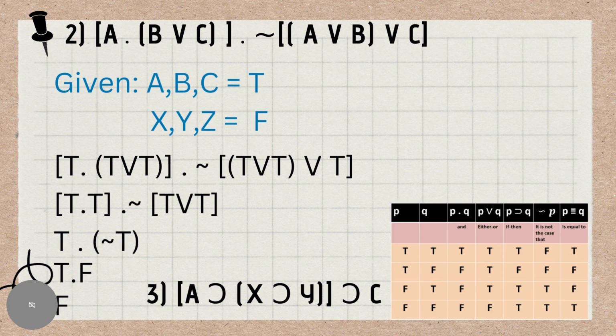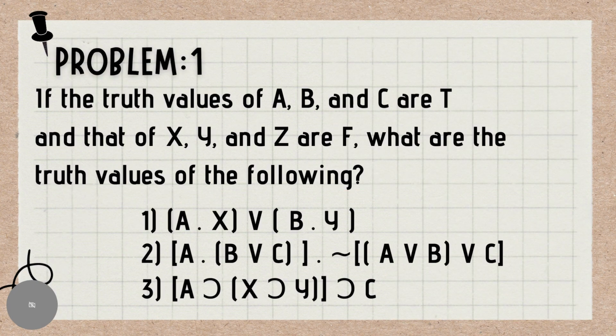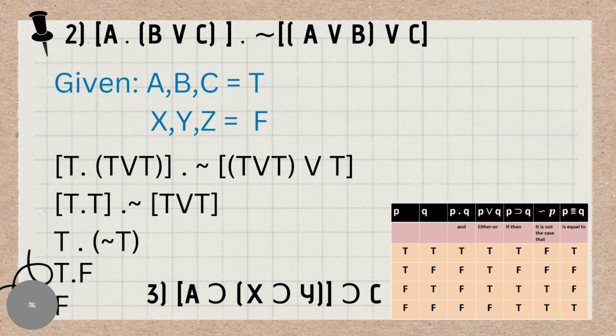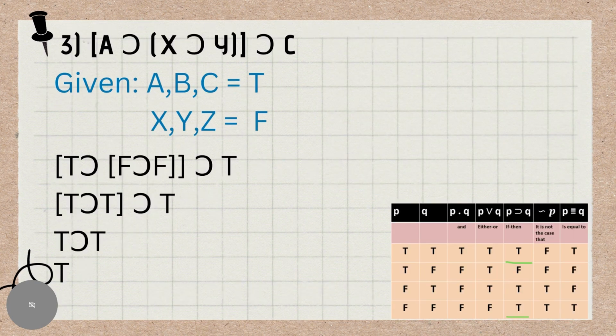By practicing this type of problems repeatedly, you will gain confidence in solving these problems in examinations. So let's see the third one. A inference X, inference Y, and A inference X, inference Y, inference C. Inference in the sense it is if-then.